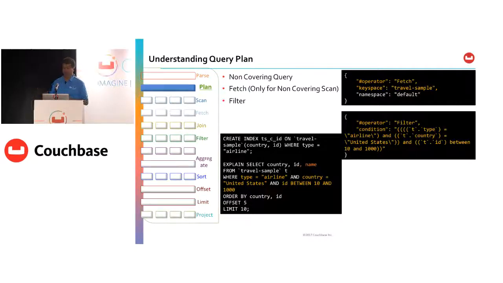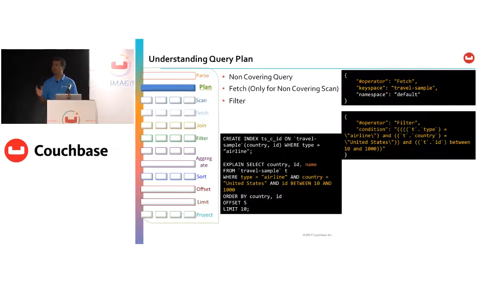This is one of the goals of optimization. Every optimizer tries to come up with a plan that does the least amount of work. We want to be as lazy as possible, because that means you have resources available for multiple concurrent queries. The second thing to note is filter covers. This index is what we call a partial index.